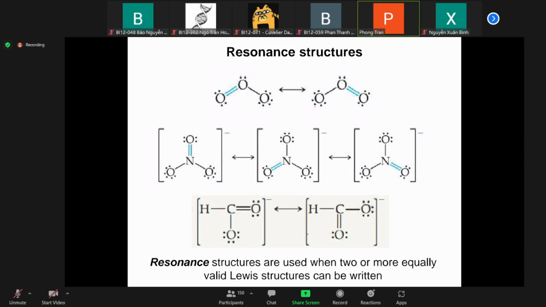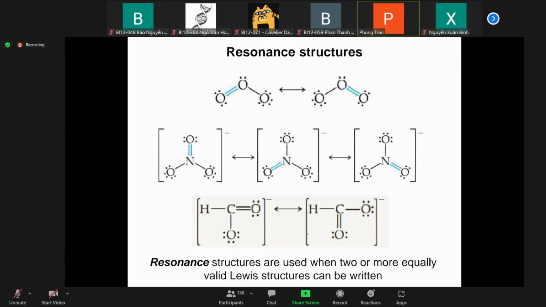However, in the real experiment, you cannot distinguish A and C, and the bond lengths AB and BC are exactly equal. So to explain this, we say that structure 1 and structure 2 both exist and they are resonant. That means they can change from 1 to 2, and 2 to 1, spontaneously. So that is the motivation to develop the concept of resonance structure.